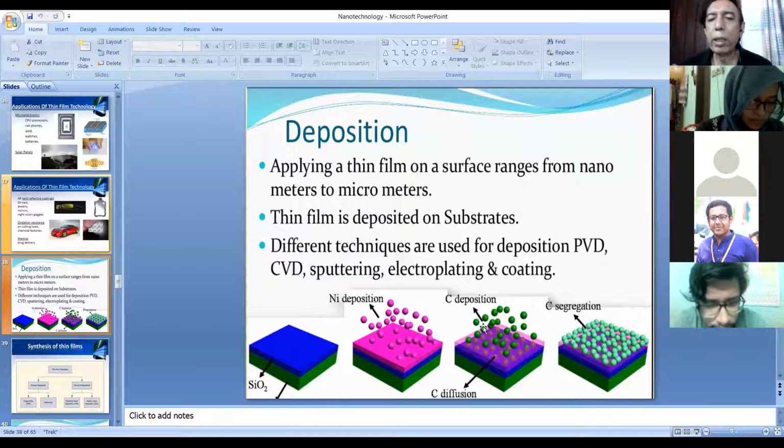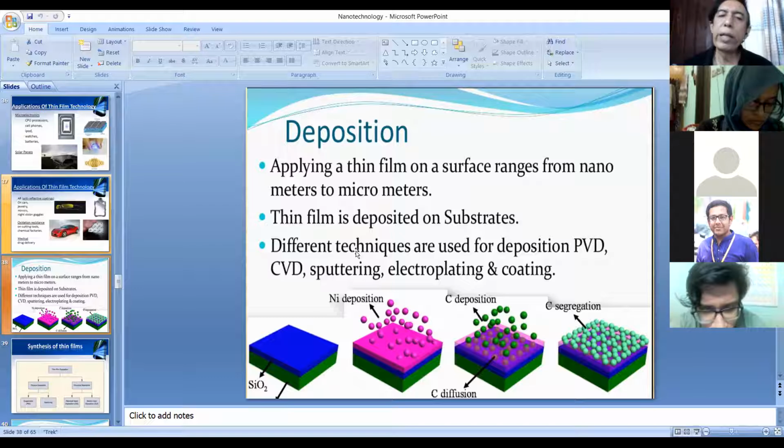This is a multi-layer thin film. First layer of silicon dioxide, say, for example, and the second layer is of nickel. It is a multi-layer thin film as per your requirement.